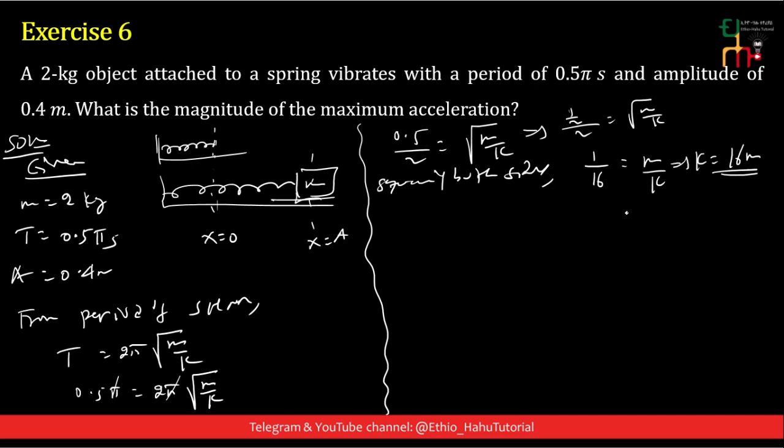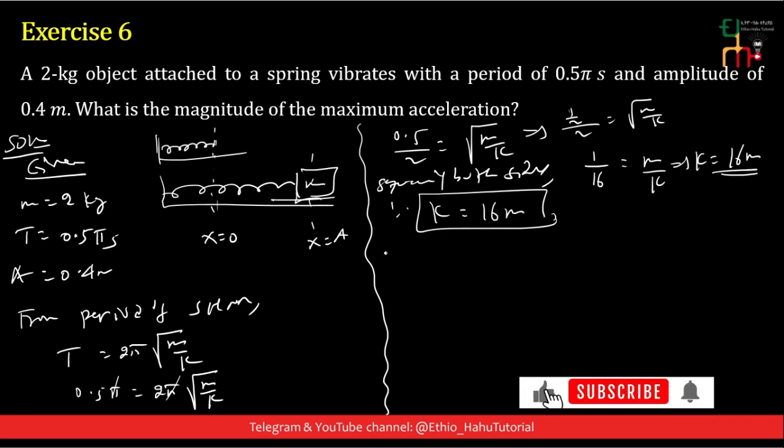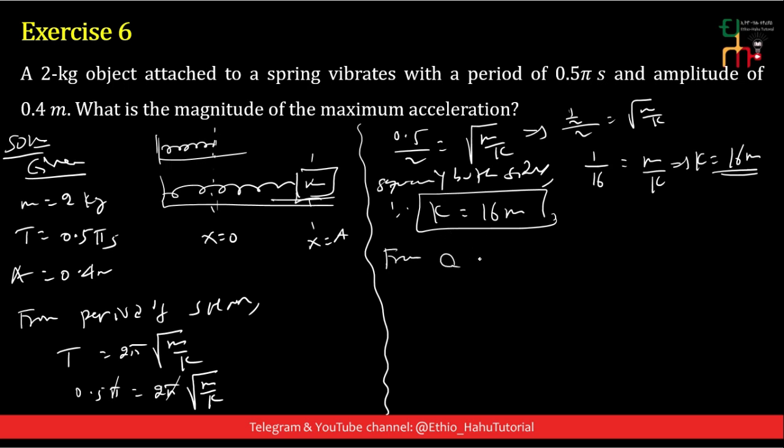Multiplying both sides by k times 16, here we have k, here we have 16m. Therefore, the force constant of the spring is 16 times m. Having this, from the acceleration of simple harmonic motion as a function of x, the magnitude of the acceleration is k over m times x.